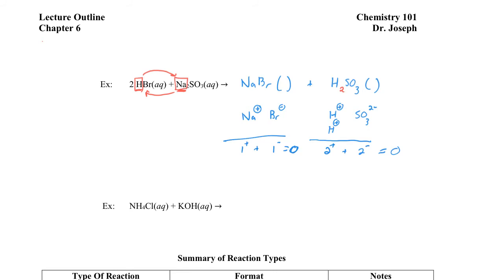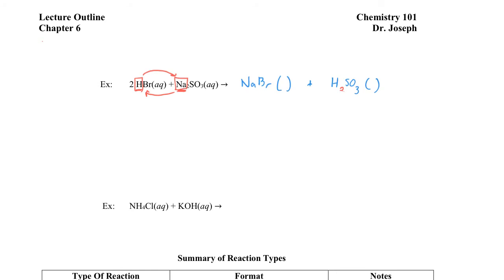Okay, so these are our symbols. Now, you might notice something on this. You might notice that formula, H2SO3, is one of our compounds from the previous page that decomposes into a gas. It decomposes into water and sulfur dioxide. So I'm actually going to draw a line through it.